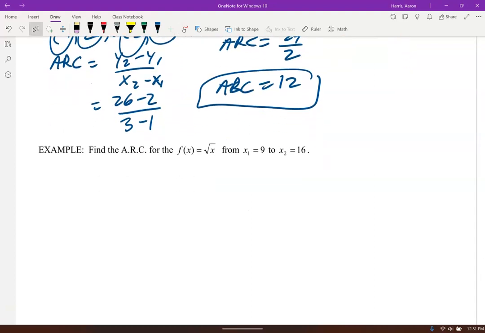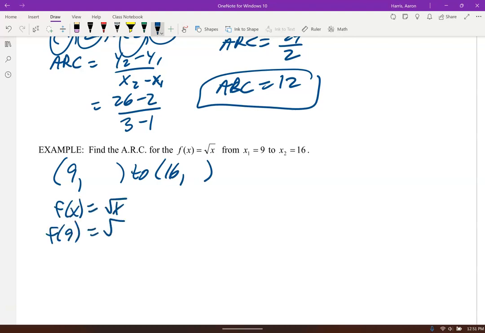Now let's do it for this one, the last one, where we have the square root. We're going from 9 comma something to 16 comma something. Well, f of x is the square root of x, so f of 9 would be the square root of 9, which is 3. So there's the y value. Now we're going to do it for 16.